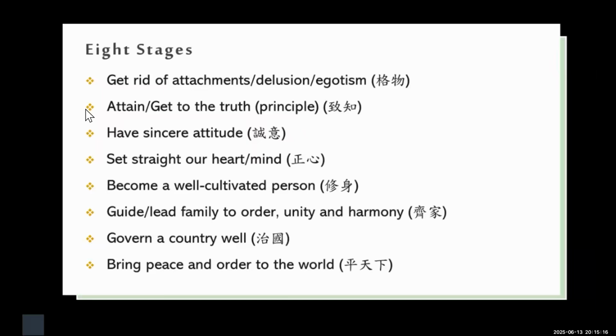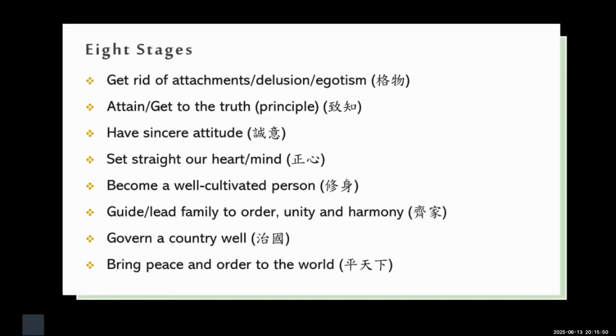The second one is to attain the truth. The third one is to be sincere in our heart and mind. And number 4 is to set straight our heart and mind. It means to correct our problems or our faults so that we have the proper view, the proper understanding of everything, proper knowledge, proper mindfulness. Okay, this is part of the Noble Eightfold Path.